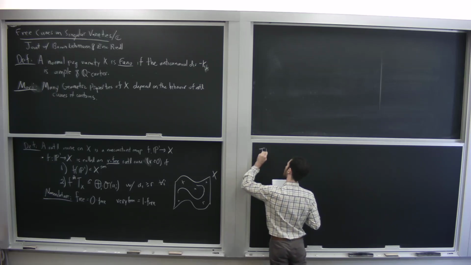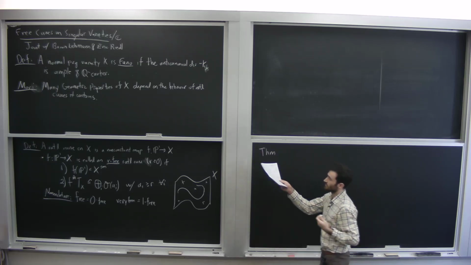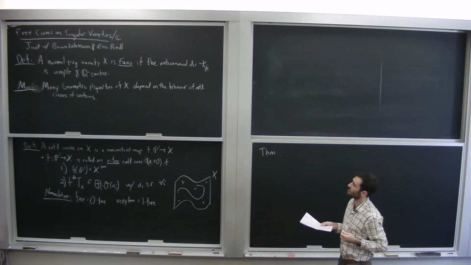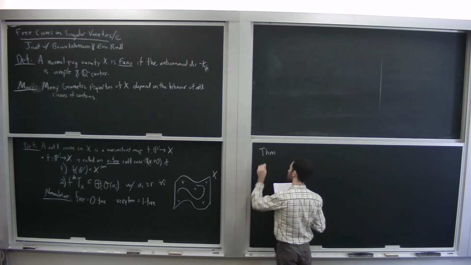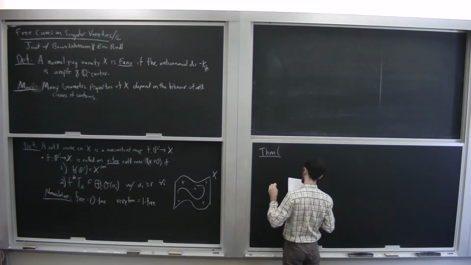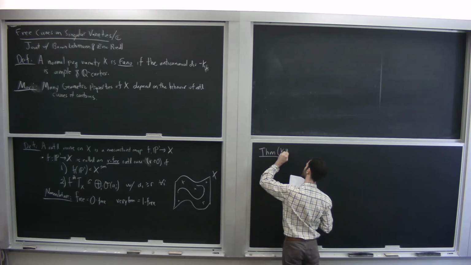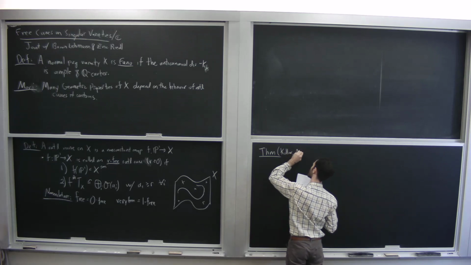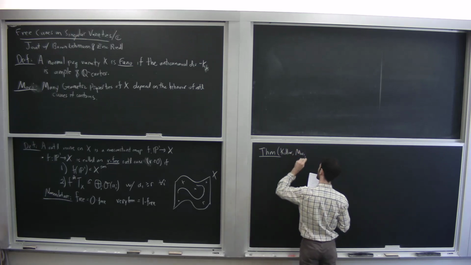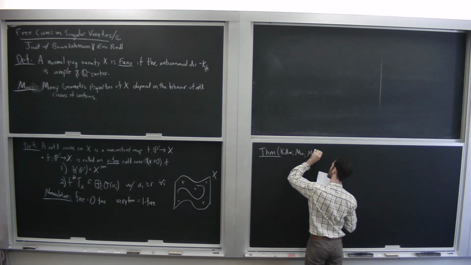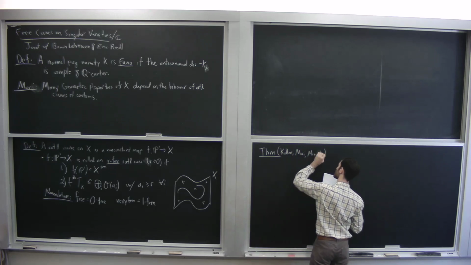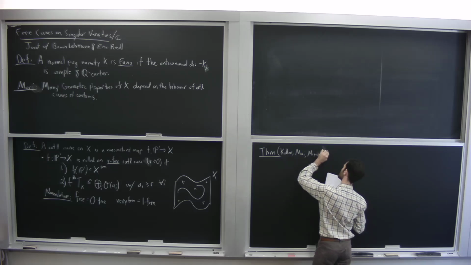So what are some of the things that I'm saying, vaguely? Maury said geometric properties of X depend on the behavior of rational curves it contains. Well, so I have the following theorem. This is by Kollár, Miyaoka, and Mori, from the 90s.